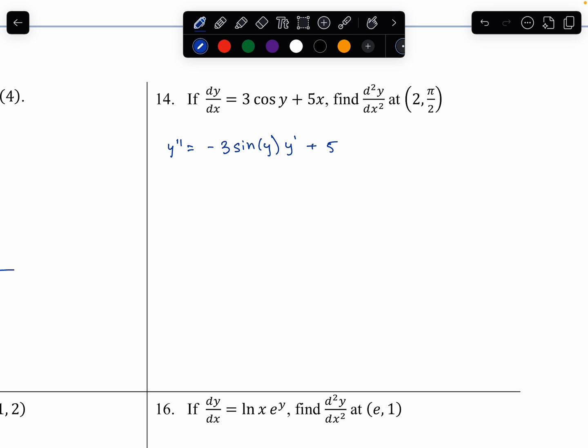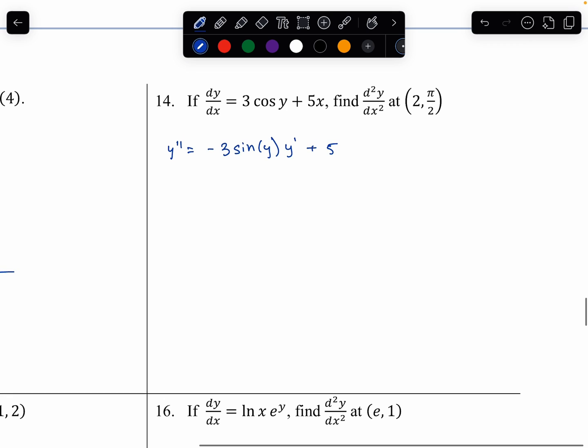Now we're going to plug things in. So y double prime at the point 2 comma pi over 2 is going to be equal to negative 3 times sine of y, which is pi over 2, times y prime.